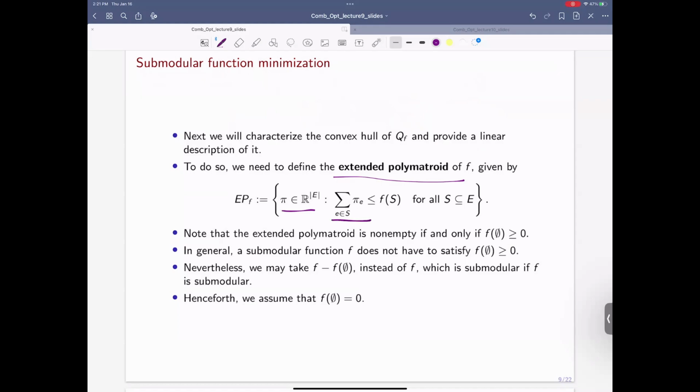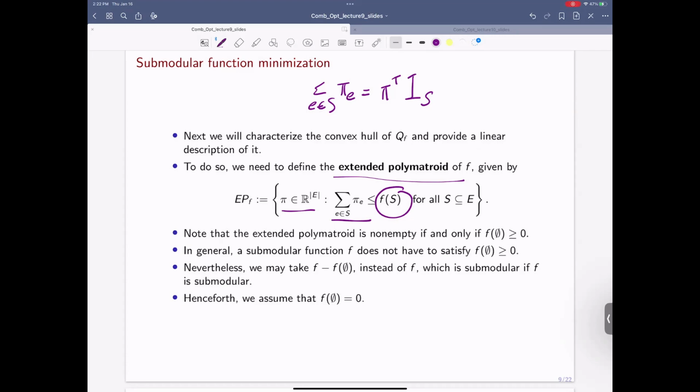This is a linear function, which is equal to pi transpose the characteristic vector for a subset S. So you add the weights of the elements of the set S. That's less than or equal to the function value f of S for all subsets S. The extended polymatroid itself is a polyhedron.